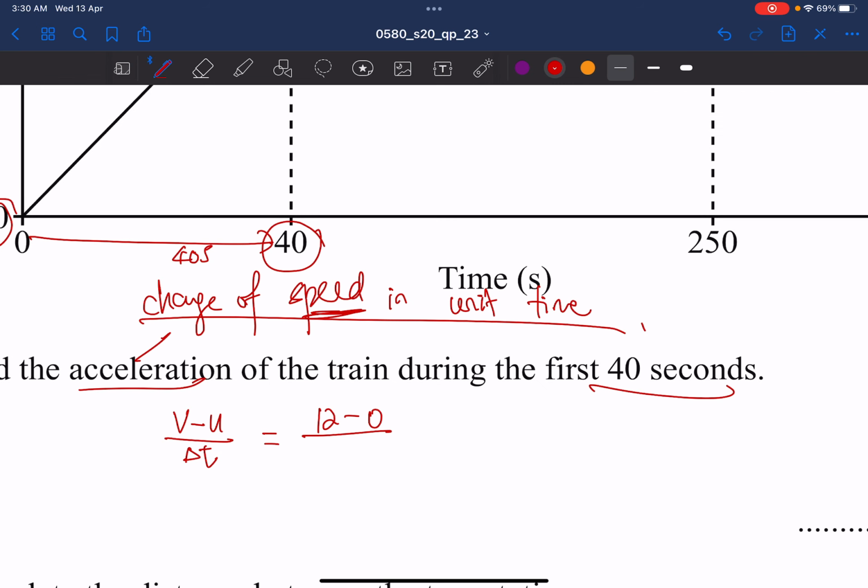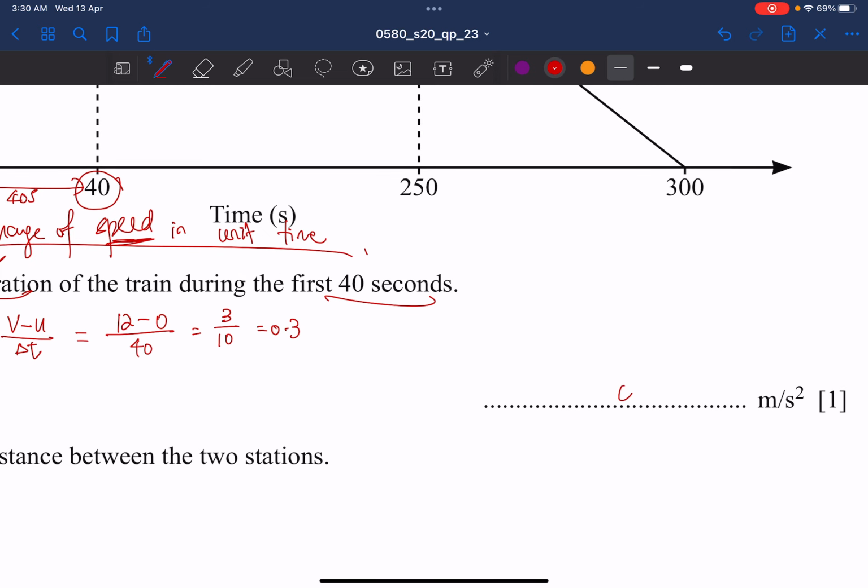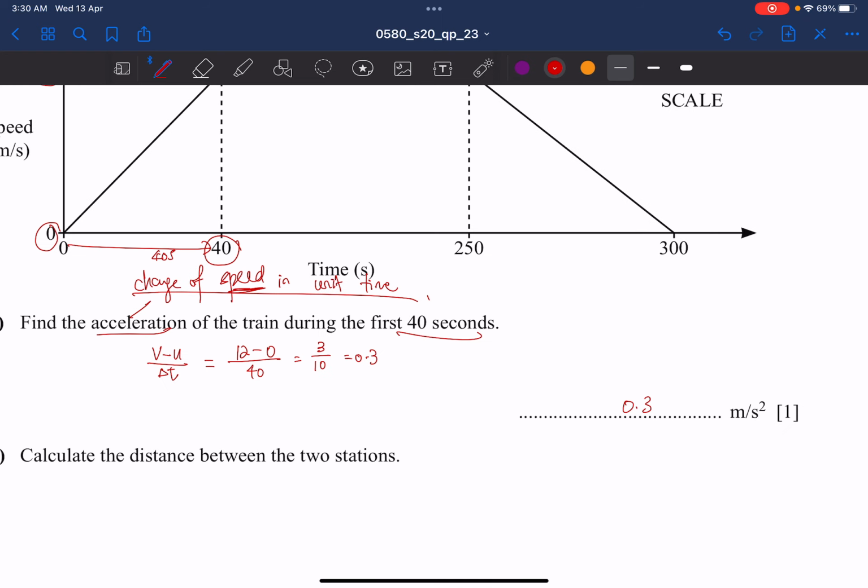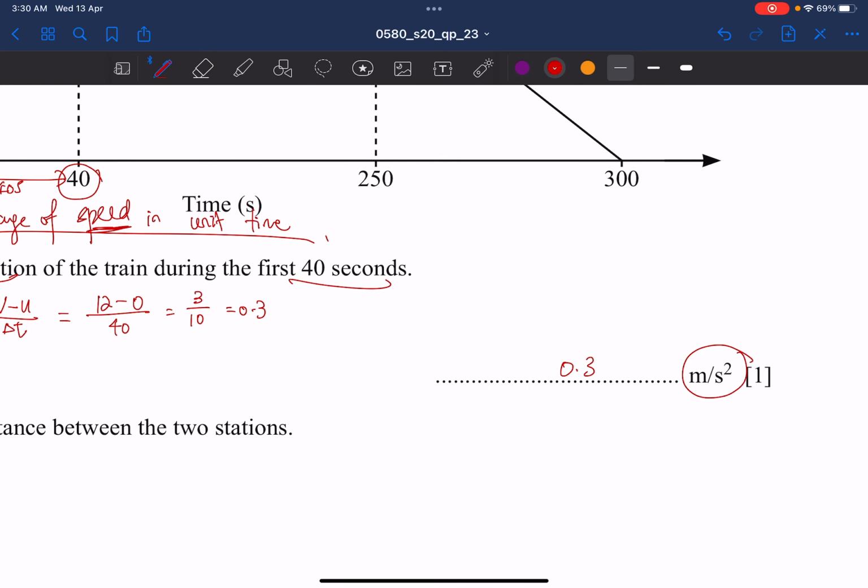So it's 12 over 40, divided by 4 is 3 over 10, so it's 0.3. The unit is m/s squared, and you can view it as the change of speed in unit time, in 1 second.